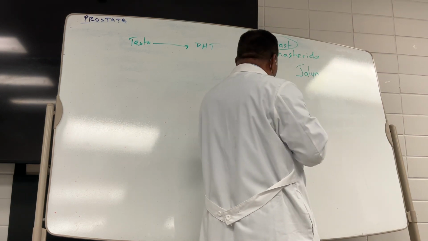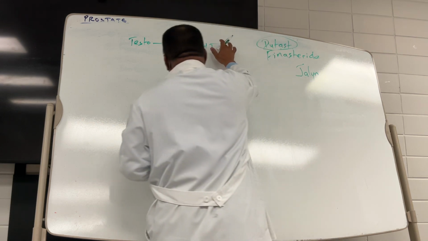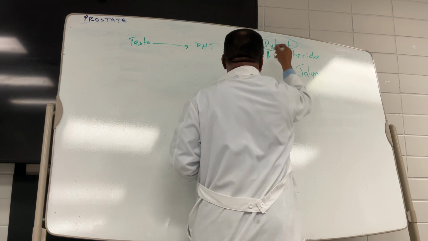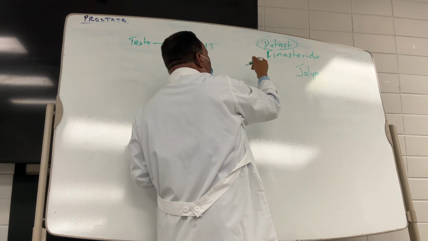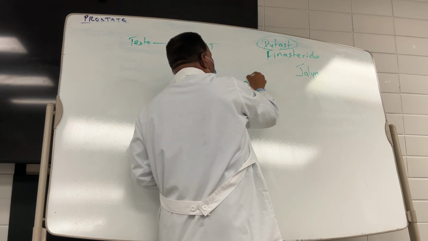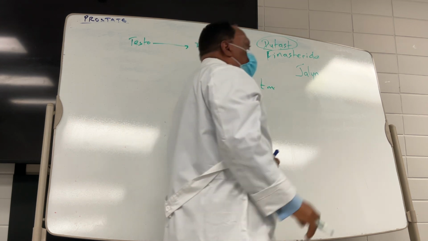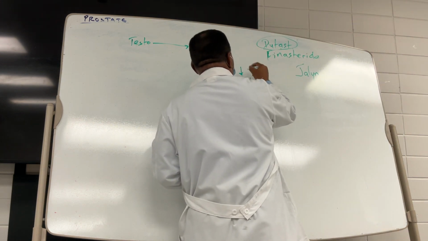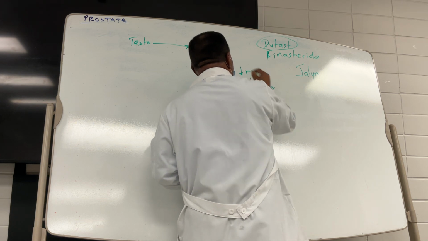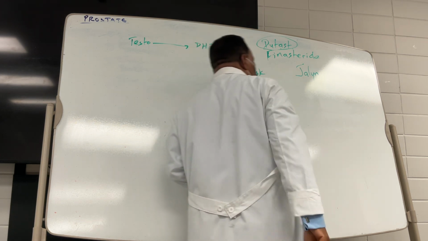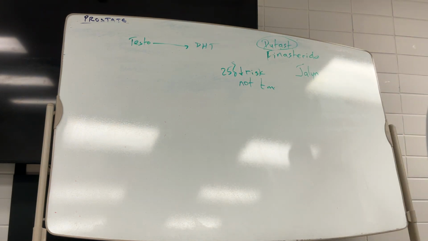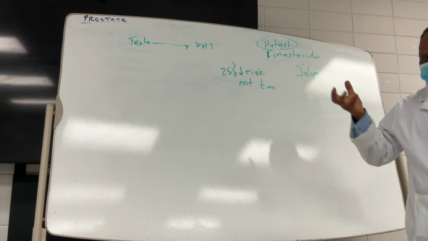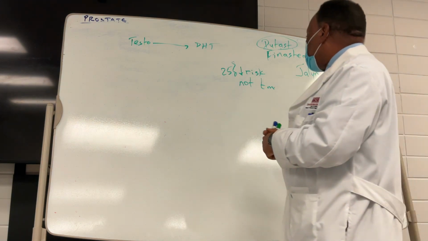So the 5-alpha reductase inhibitors do not actually help to treat the prostate cancer, but they can reduce your risk of getting the prostate cancer. You can get a 25% reduction in rate for the development of that prostate cancer.